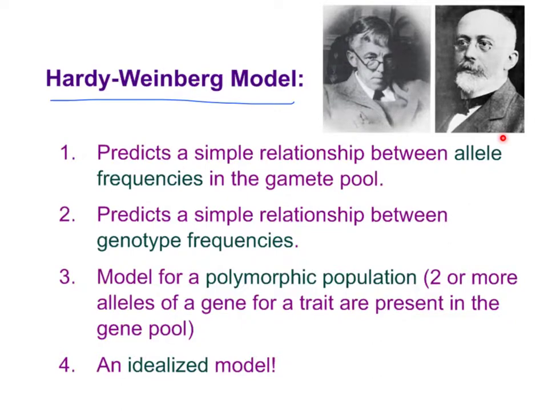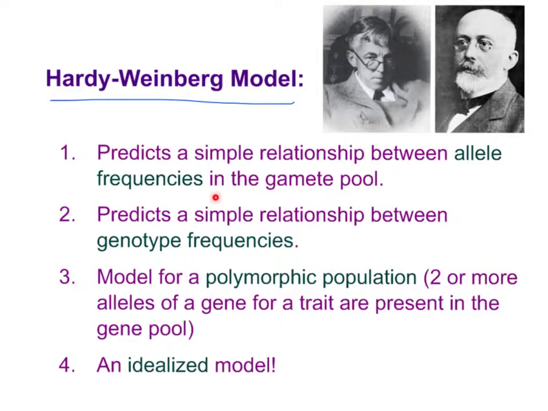They actually came up with it separately, and Hardy is the last name of one of the mathematicians and Weinberg the other. Another scientist also came up with this model, but he's just not included in the name. These 2 are the only ones that are included. And they came up with a mathematical formula, a model, that predicts the simple relationship between the allele frequencies in the gamete pool of a given population.